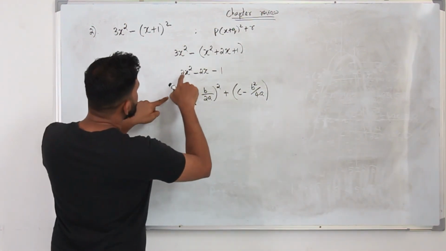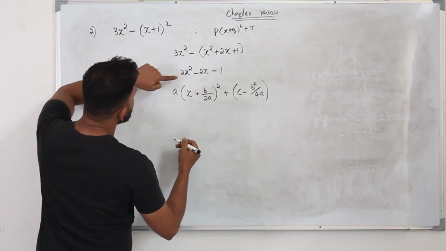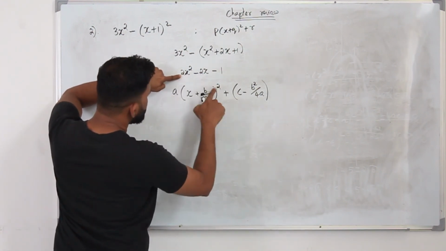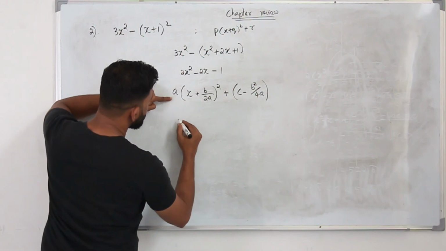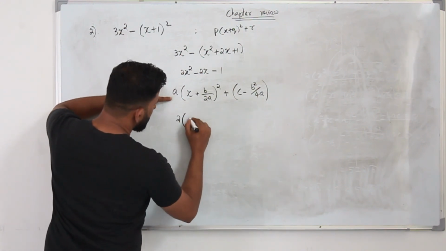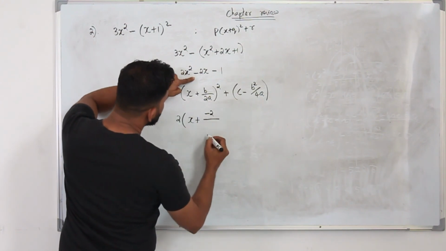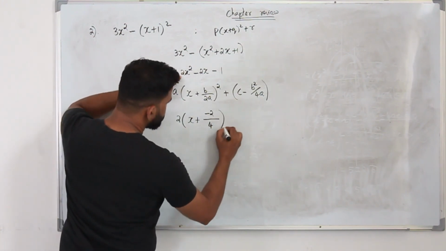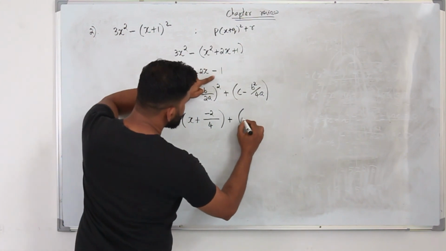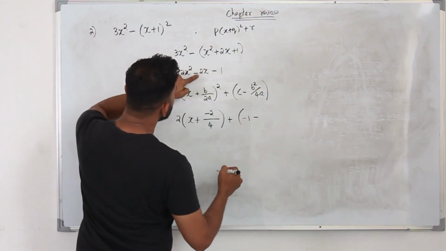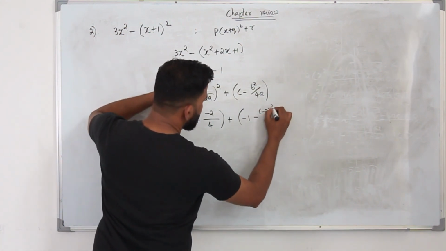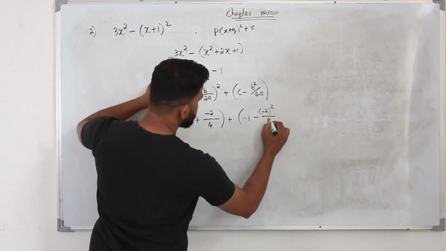Now when you substitute the values for a, b, c, your a is 2, b is minus 2, c is minus 1. So a is 2, x plus b upon 2a, plus c, your c is minus 1, minus b square, minus 2 whole square, upon 4a.